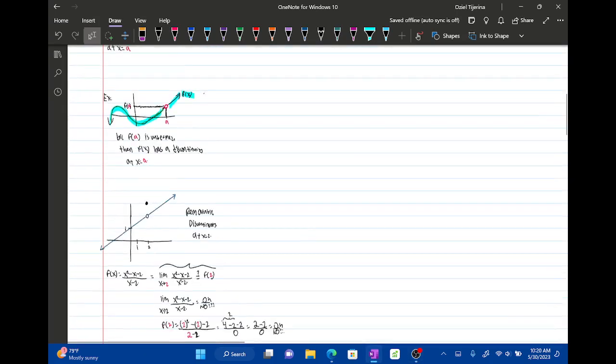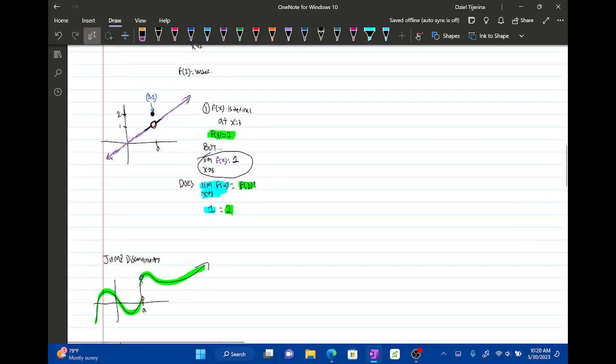Just some quick examples. I will probably make more videos on individual examples, but that is the whole idea of what continuity means, what the three types of discontinuities are, and the restrictions, all that good stuff. So I really hope this helps, guys.